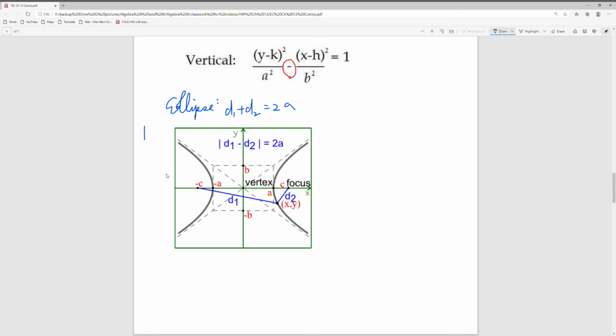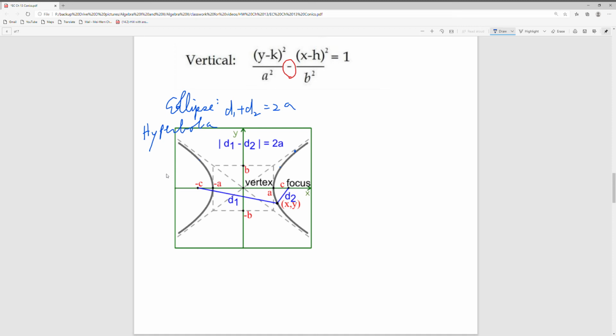For the hyperbola, it's subtraction and absolute value, because sometimes d1 is greater than d2, sometimes d2 is greater than d1. So with a similar idea, the absolute value of d1 minus d2 will equal 2a all the time, no matter where the point is.